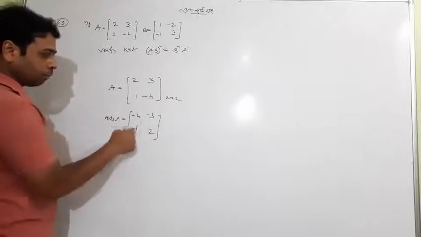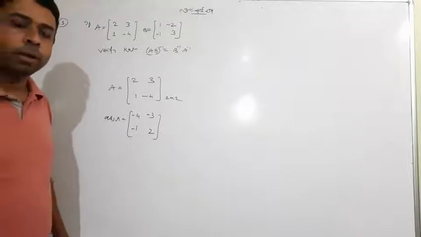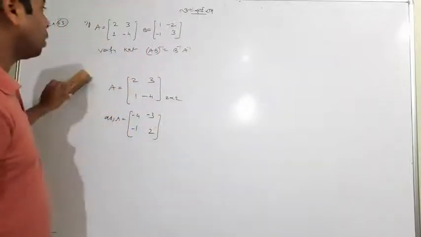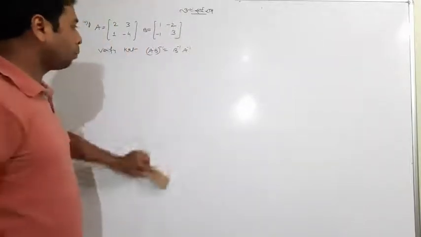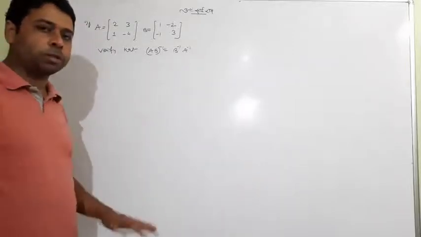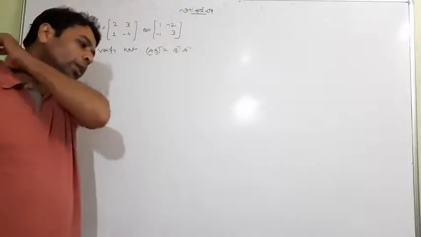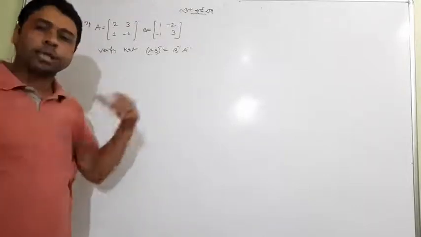The matrix obtained is none other than adjoint of A. This is an important trick for such questions where the working is very long, to save time. Otherwise, you can do it completely as I taught you yesterday.